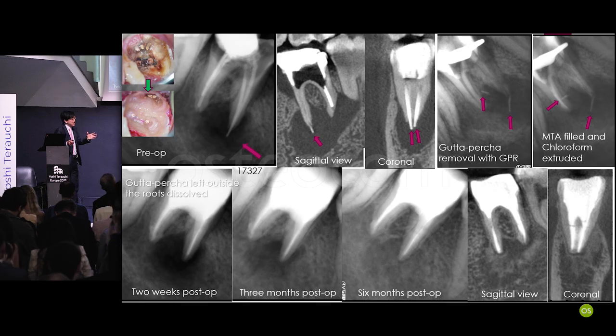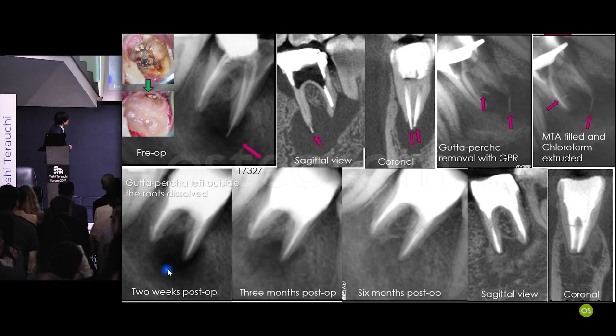But before I filled the root canal with MTA, I intentionally pushed chloroform into the periapical tissue, hoping the gutta percha would be softened. And the patient came back 2 weeks after this. I took a radiograph, but I didn't find the gutta percha fillings. It was here and here.